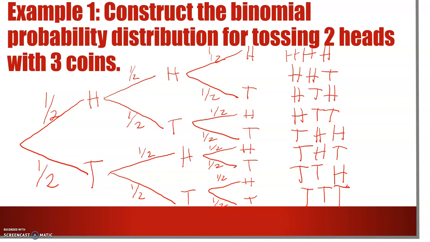Our number of successes is our number of heads. So 3 heads, 2 heads, 2 heads, 1 head, 2 heads, 1 head, 1 head, 0 heads.